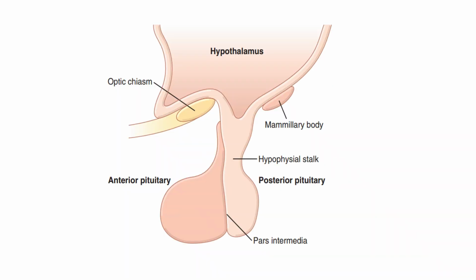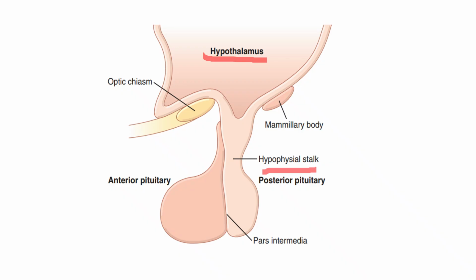This diagram shows the anatomical structure of the pituitary gland, also called the hypophysis, and its connection to the hypothalamus via the pituitary or hypophyseal stalk. It also highlights the key anatomical landmarks around the gland.